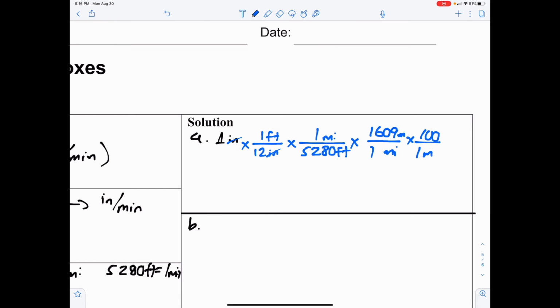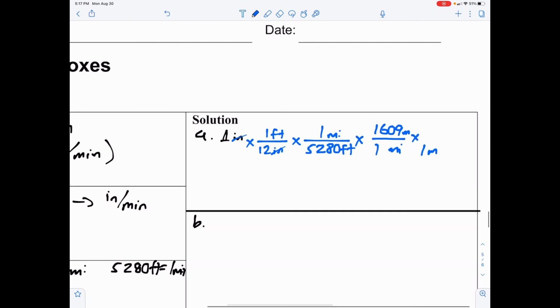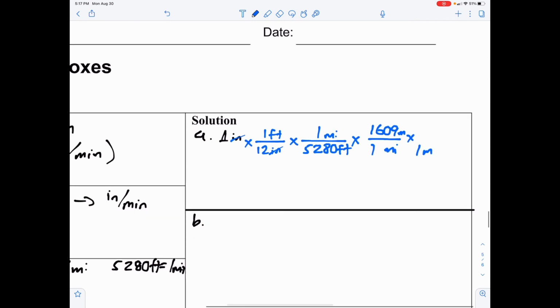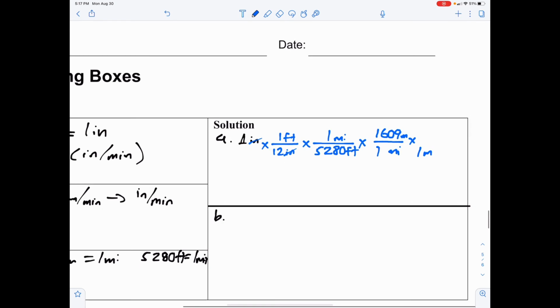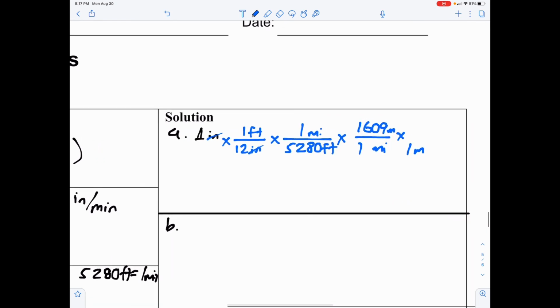And then finally, in 1 meter, there are 100 centimeters. So meters cancels, miles cancels, feet cancels, inches cancels, and we're converting into centimeters. Mathematically, what are we doing?